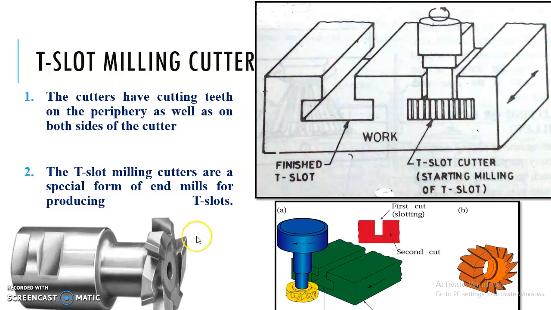Such T-slot milling cutters are useful especially for producing T-slots, where the cutter rotates at one place, mounted on the arbor, and we feed the workpiece against the motion of the T-slot cutter.